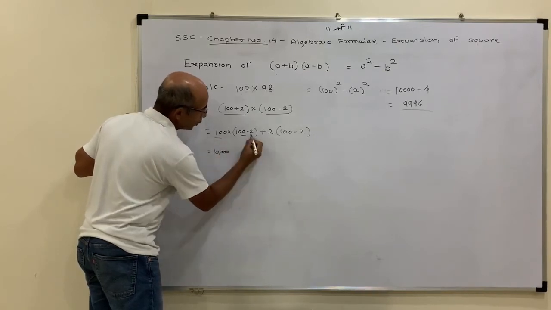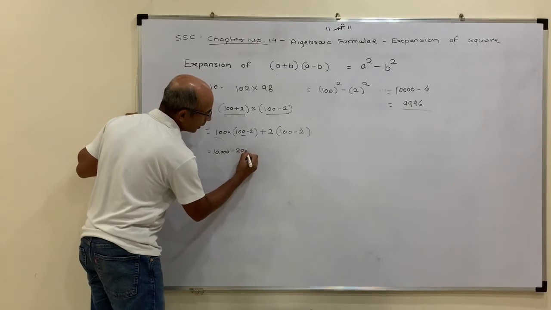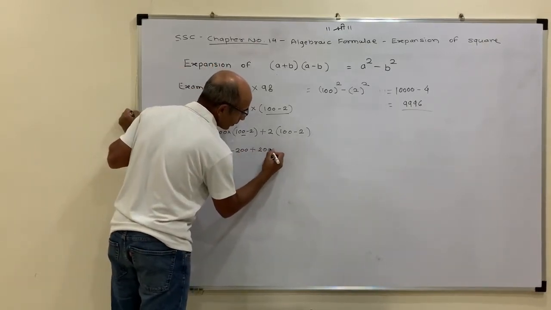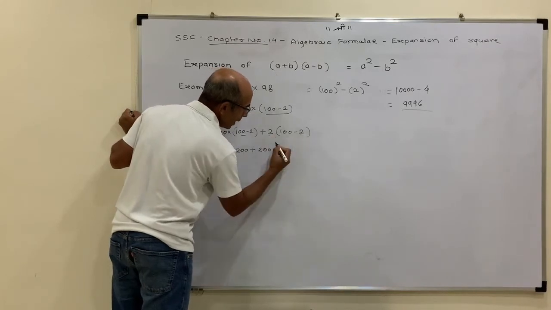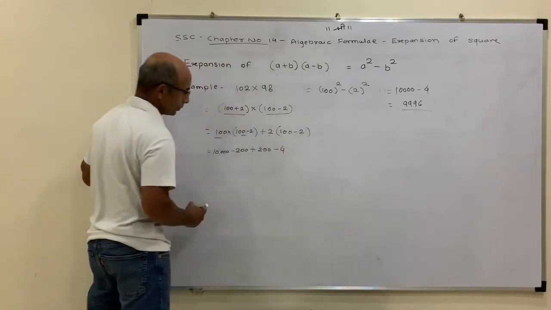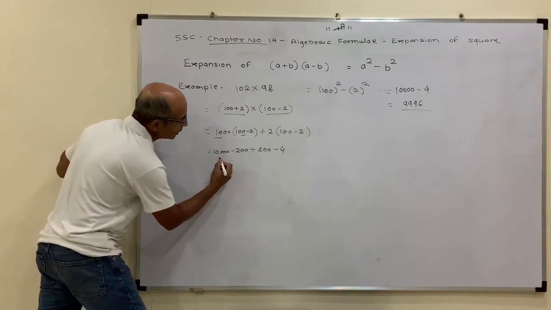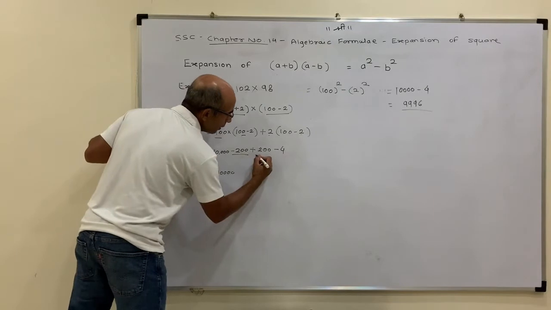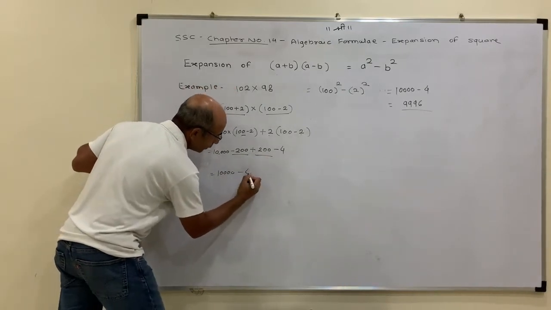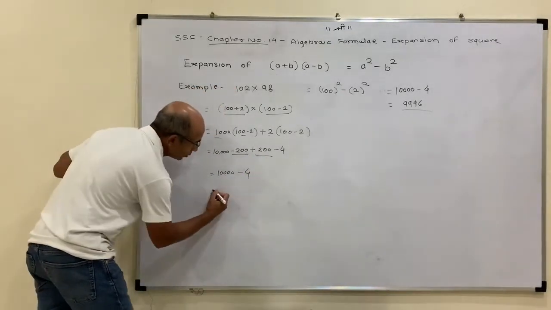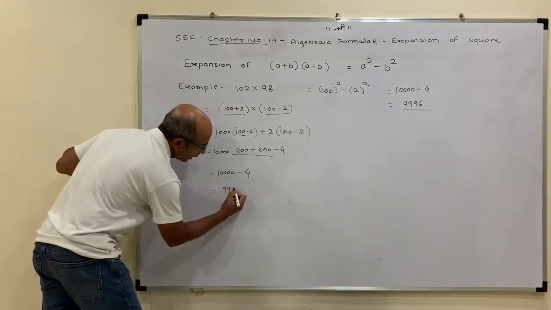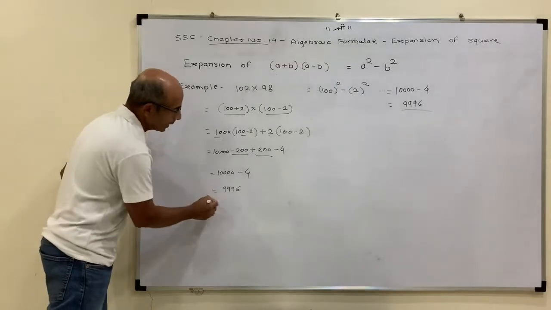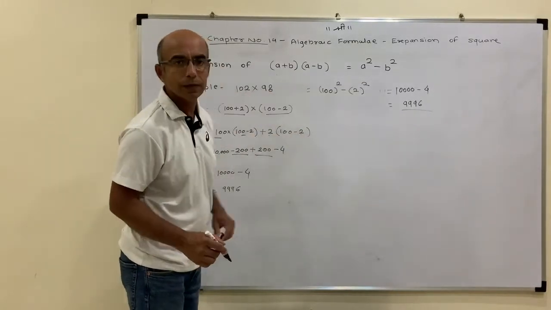Then 100 into minus 2, minus 200. Plus 2 into 100, 200. Plus 2 into minus 2, minus 4. So 10,000, plus 200 minus 200 gone, minus 4. So 10,000 minus 4 is again 9,996, which is exactly what we get with the formula.